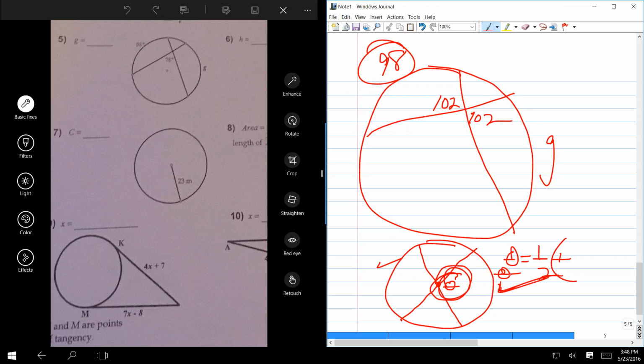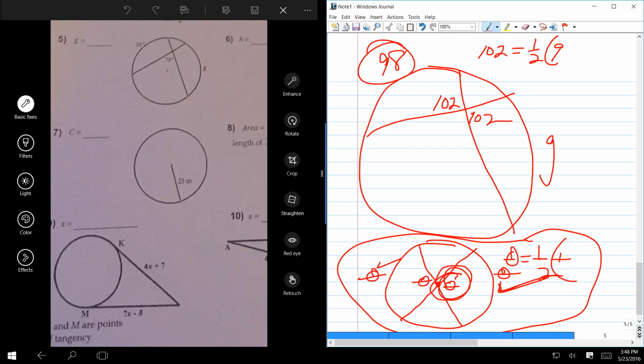That's theta, and since that's also theta, that's also theta. So by using this model down here, you can verify that up here, 102 is equal to 1/2 of 98 plus g. In other words, if that's the correct general equation, then it has to apply even when they cross at the center.